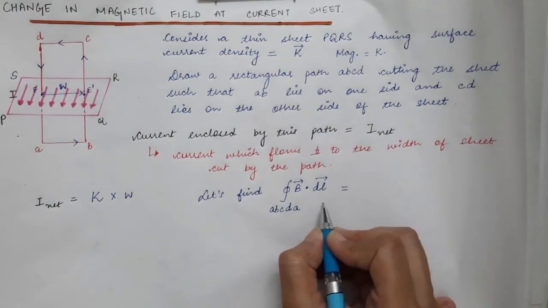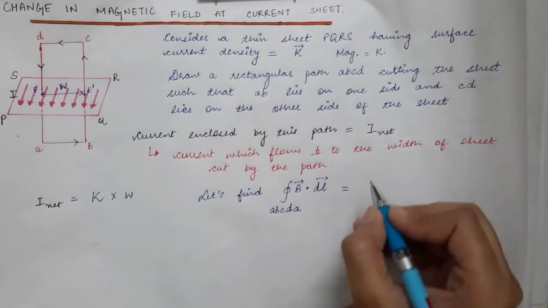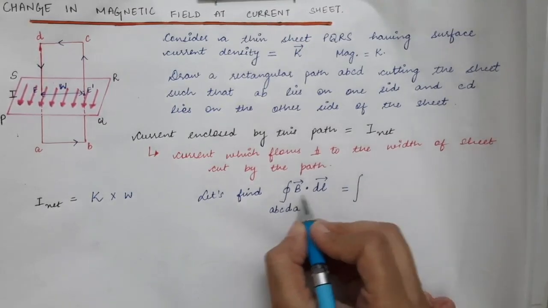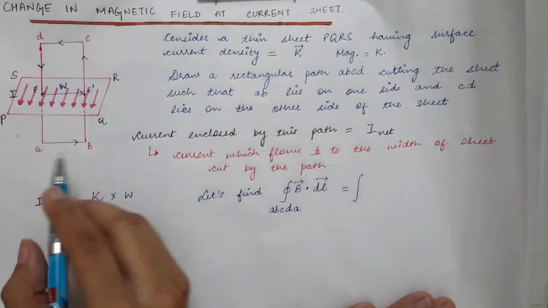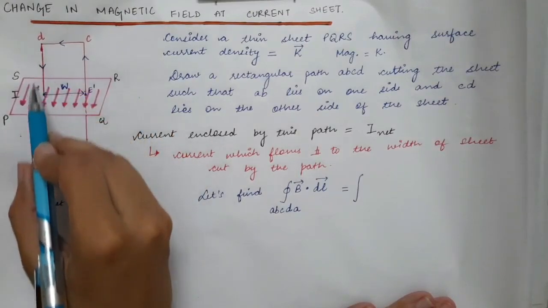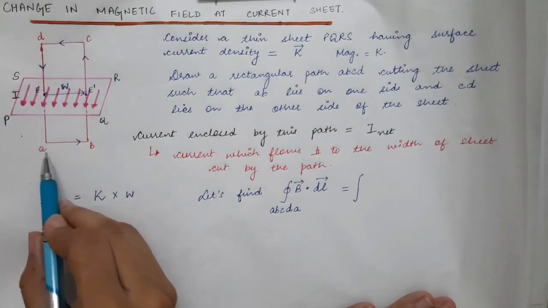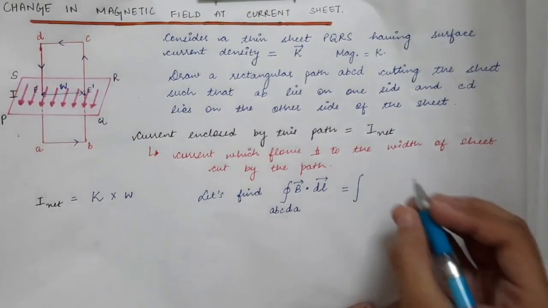We can divide this closed line integral into open line integrals. So this can be written as the closed line integral of the magnetic field from point A to point B, then to C, then to D, and at last to A. This line integral can be divided into 4 parts.